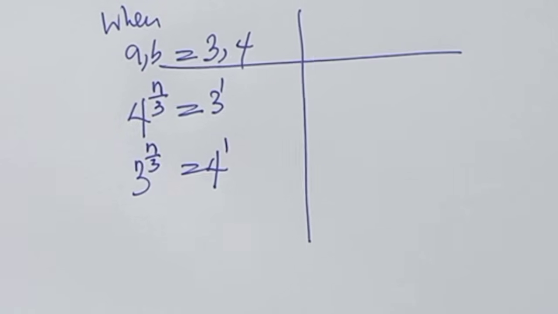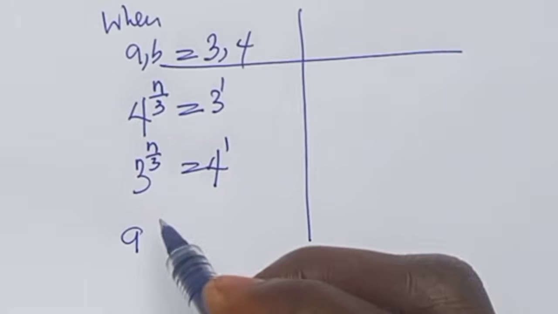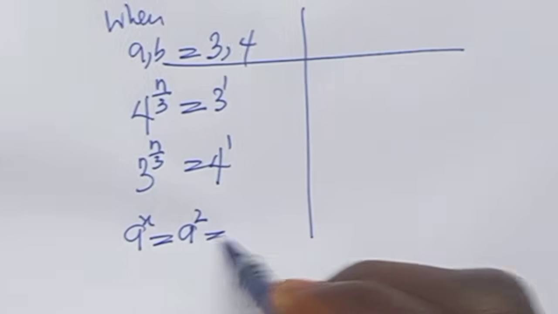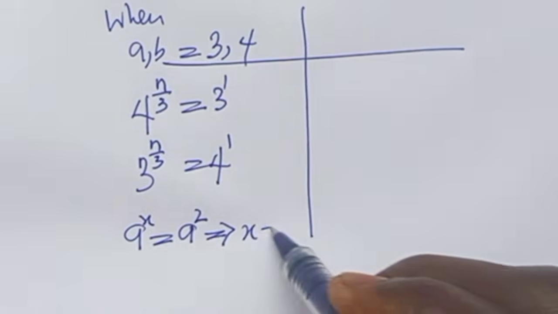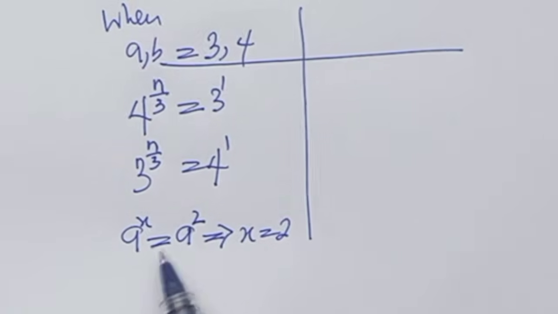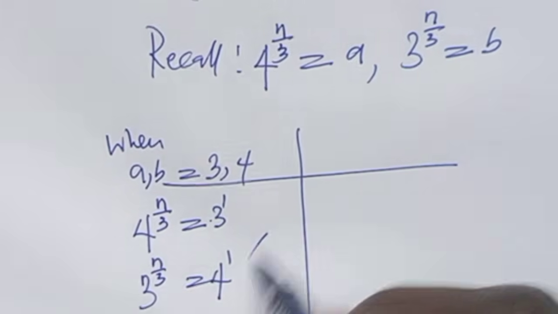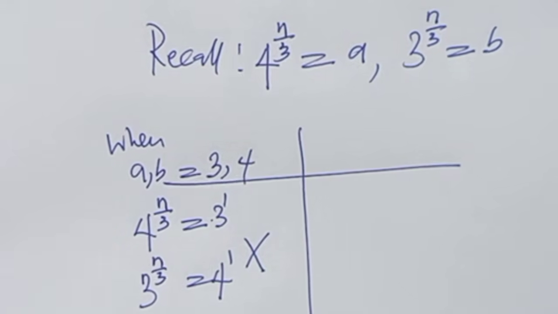But from the laws of indices, a to the power of x equals a to the power of 2, here we can derive x to be equal to 2, since the bases are equal. For this case, the bases are not the same, so this option is cancelled.